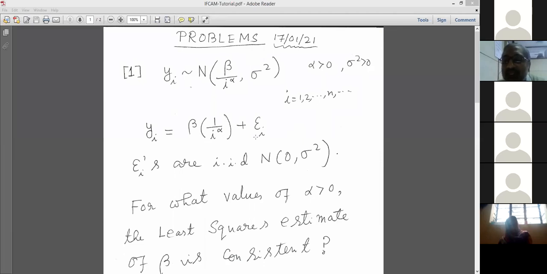Check your calculation carefully. Sir, summation yi into summation i to the power alpha, product of two sums in the numerator. No, that's not correct. Why don't you write it down as beta times xi and solve the least square problem and see what you get?